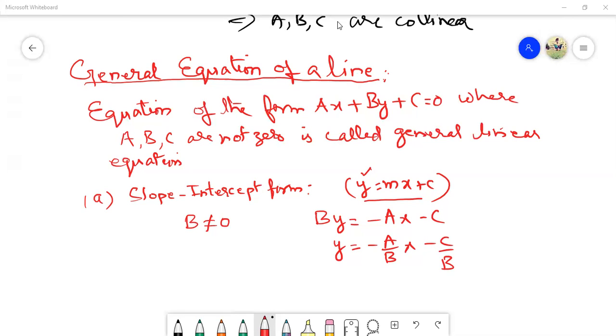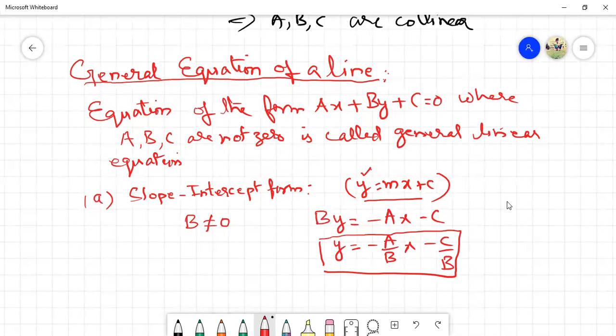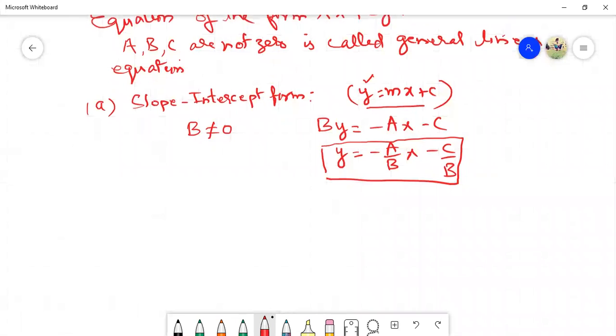Okay, so this is the format of y = mx + c. If you compare this with the slope intercept form, what will be the slope? Minus a upon b. Slope will be m = -a/b.